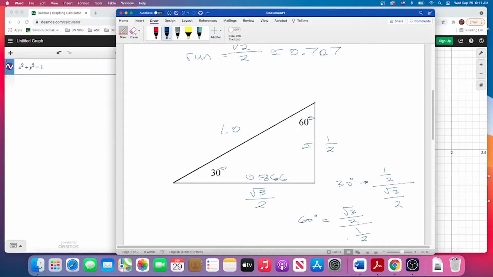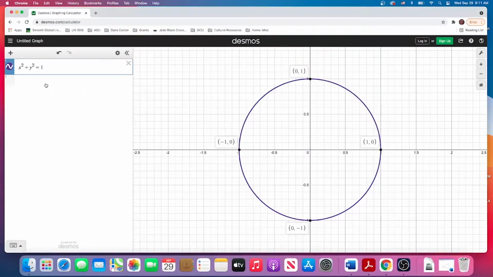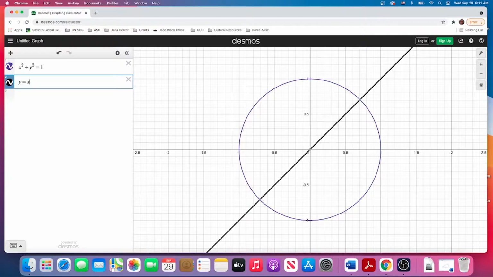So I'm going to put these in as equations, y equals the slope times x, and you're going to see what happens. What I'm trying to let you see is that if you remember a few things, you can actually create everything else. So y equals, now you could just put x, but I want to emphasize this.